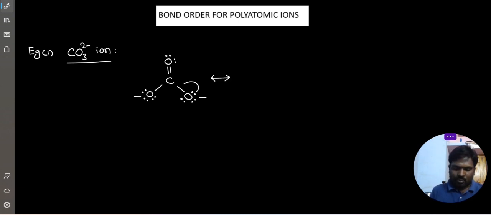Now non-bonded electrons are involved in pi bond formation. Then the pi bonded electrons move towards oxygen. Now the double bond will become a single bond. Pi bonded electrons moving here, negative, it will become a double bond. Two lone pairs, one lone pair involved in pi bond formation.